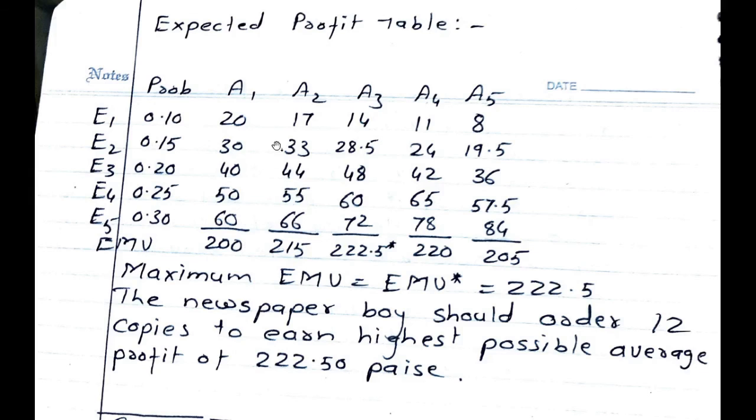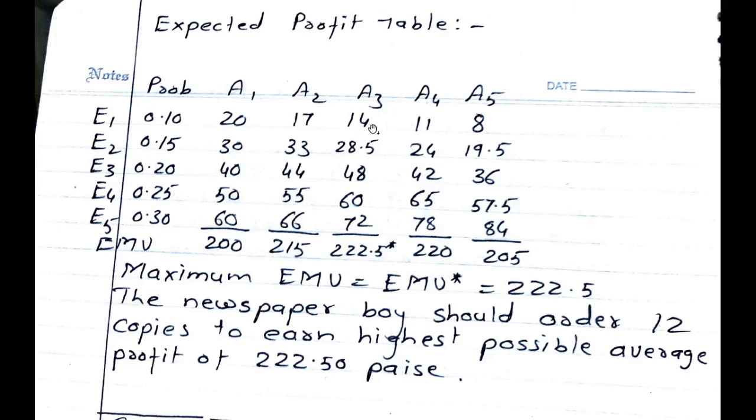Same way we can calculate expected profit for A2. Multiply the respective conditional profit with the respective probability. The values become 17, 33, 44, 55, 66. And the total is 215.